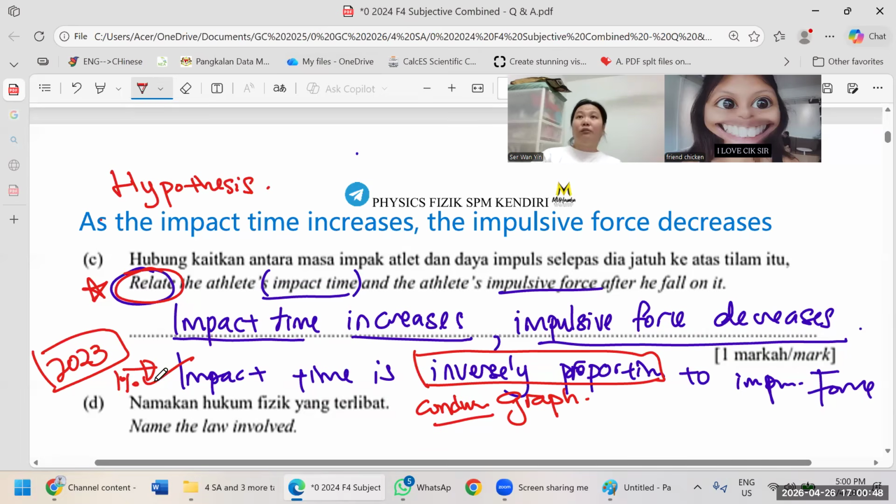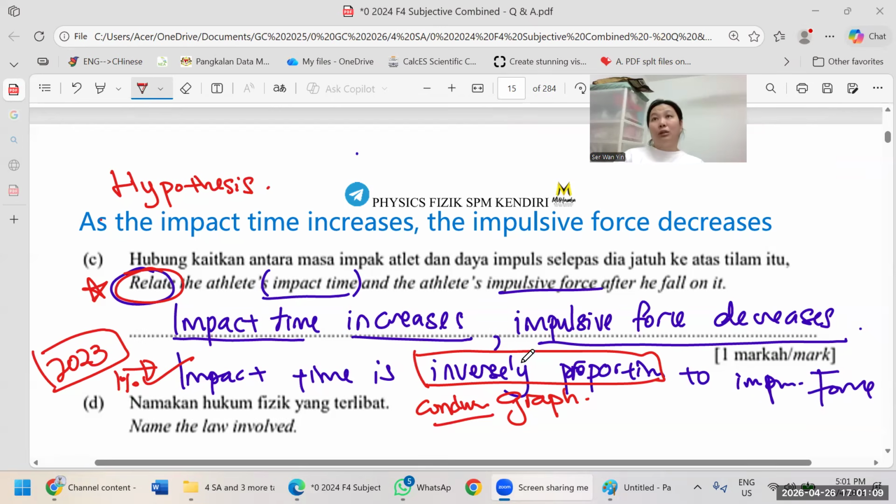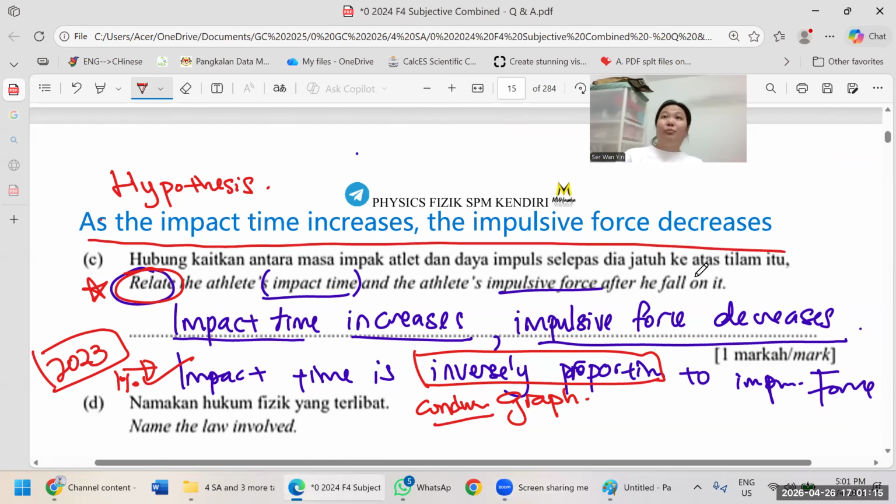So many years so far all accepted, 99% accepted, but that year 1% rejected. Then lost 2 marks. So please use a hypothesis sentence. This sentence is the conclusion of the graph, and this sentence is a hypothesis, meaning the prediction of your result.